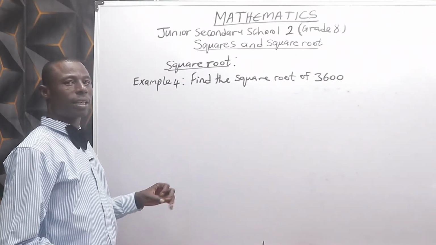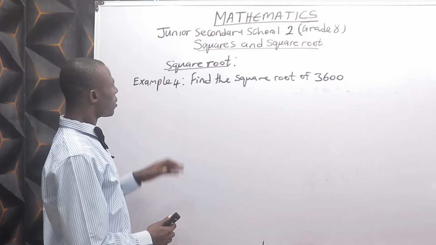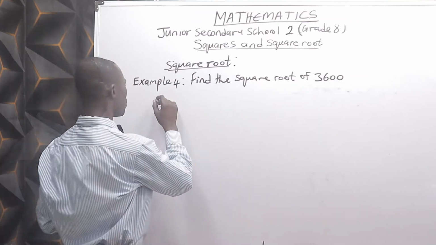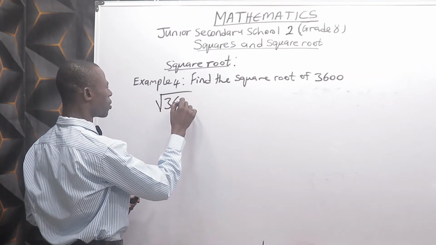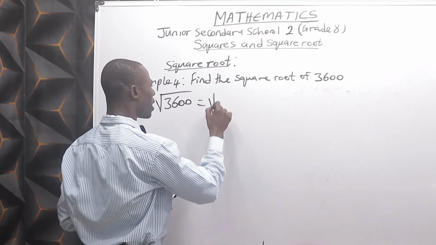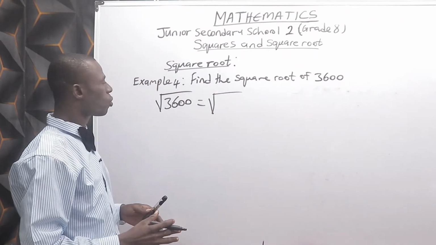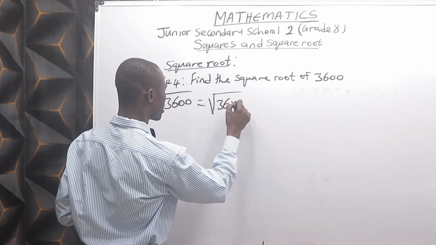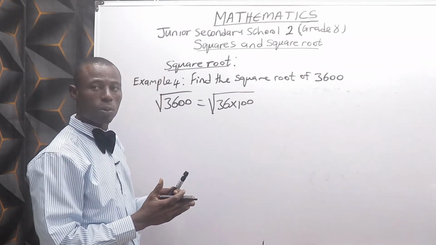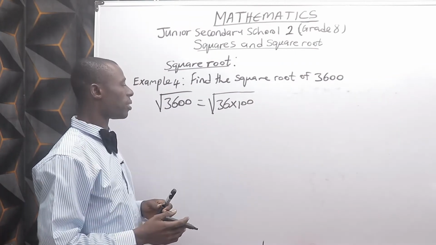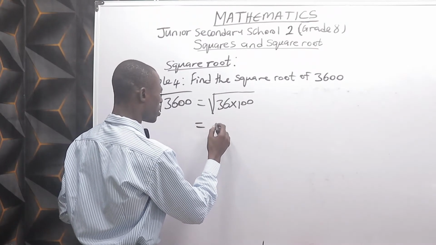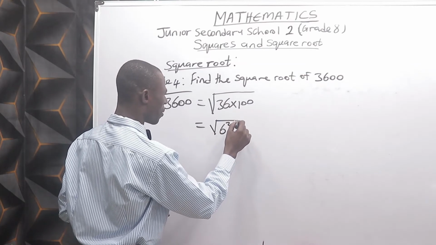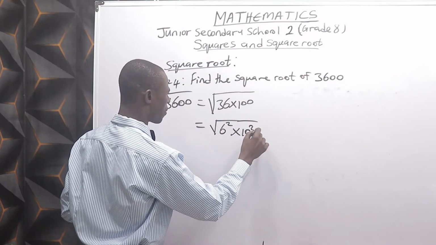Let's consider this example 4. Find the square root of 3,600, which means square root of 3,600. Break 3,600 into smaller factors. 36 times 100 is the first step you can take to simplify this. And this is square root of 6 square times 10 square.